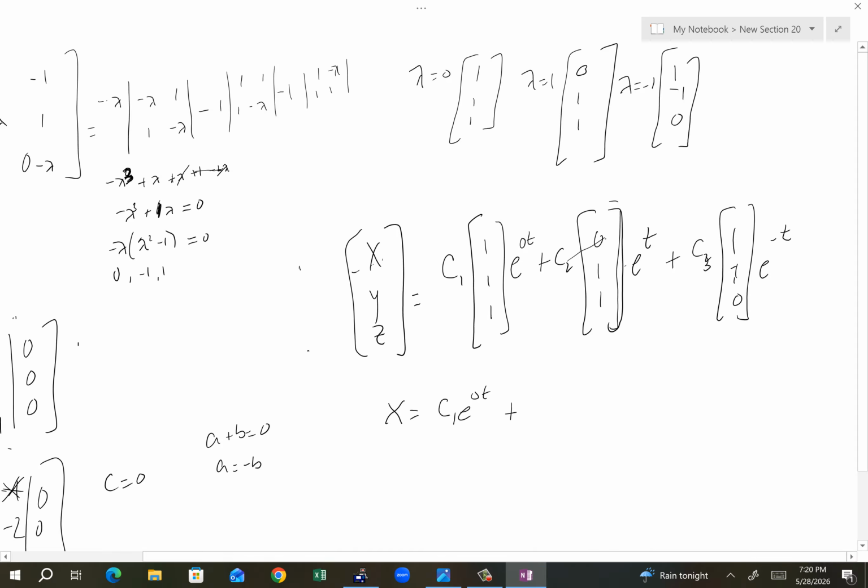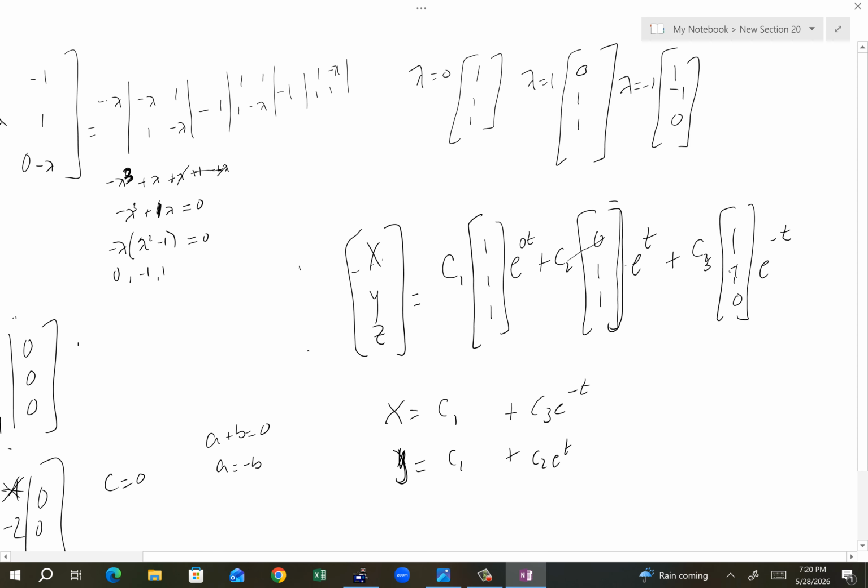Plus, this cancels out. See that? So nothing in the middle. And then plus C3 e to the negative t. Once I got that written down, I'm going to lose the e to the 0t because it just looks stupid. So y is going to be C1, again, just C1. The middle one's going to be C2 e to the t.